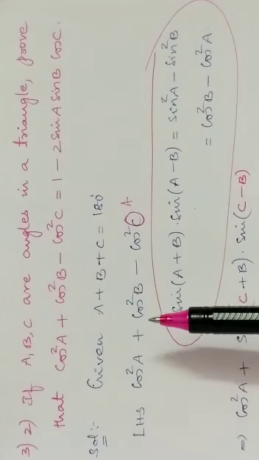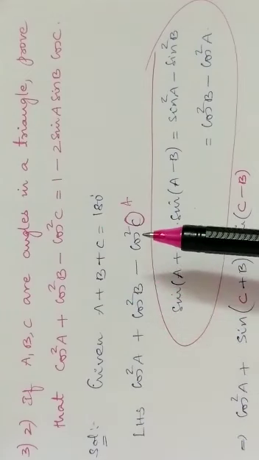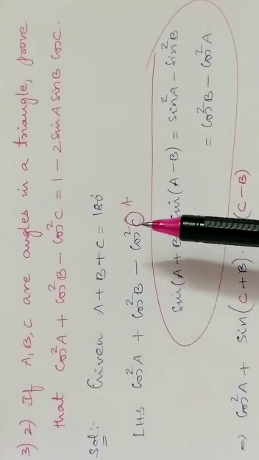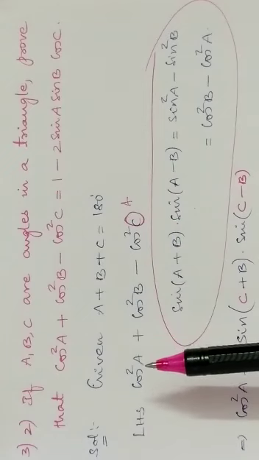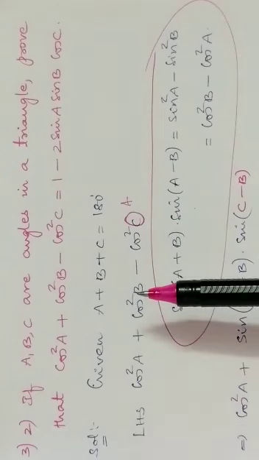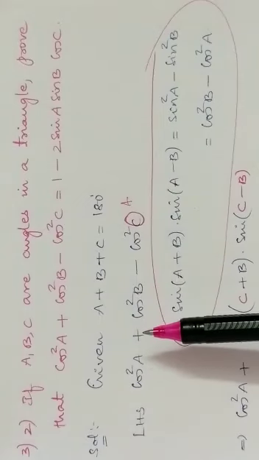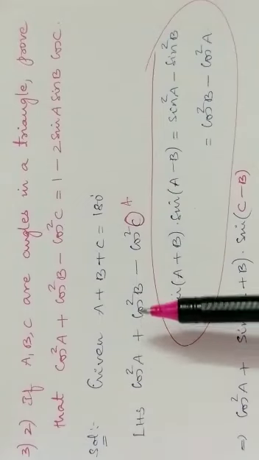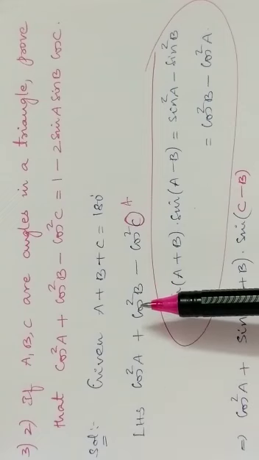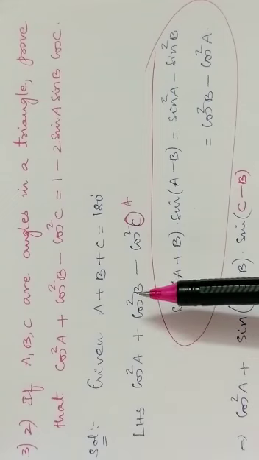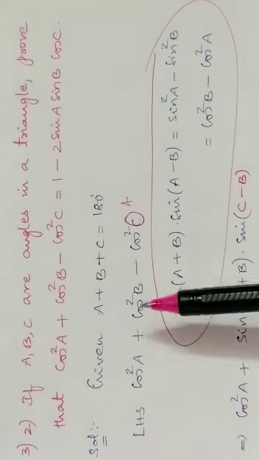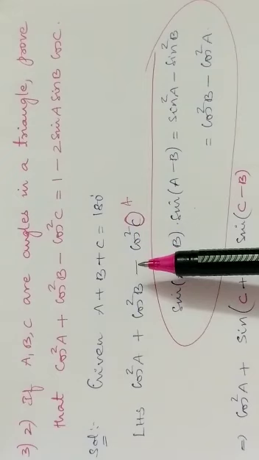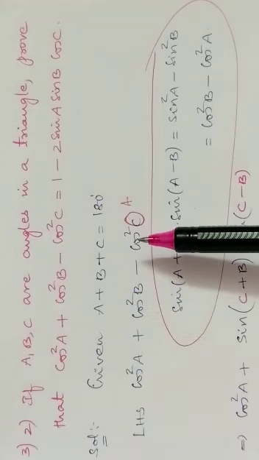Cos square A plus cos square B minus cos square C. If you observe, there are two cos square terms with a plus in between, so you cannot apply the formula for these two. Observe the second and third terms: two cos square terms with a minus in between. You can apply the formula for the second and third terms.